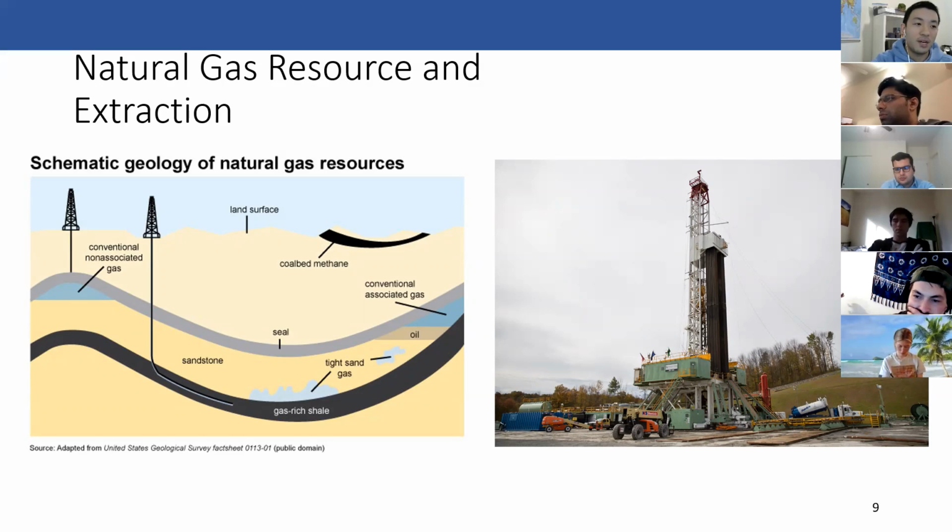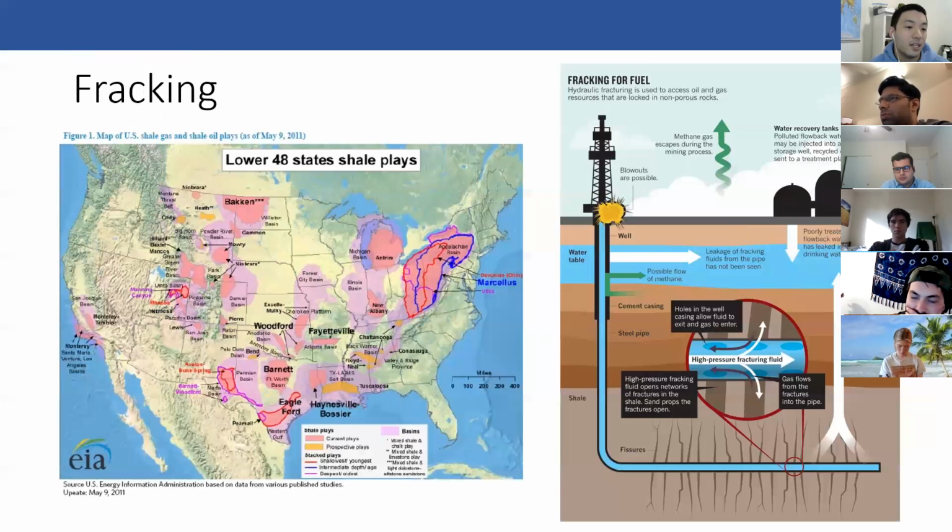And so the fracking process is quite a bit different. On the right side, you can see here, you drill down, but then you have these horizontal drills that go through a section of shale, and you have high pressure water that fills into all of the gaps and pushes out the natural gas.